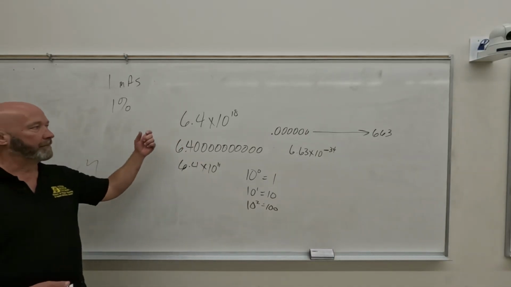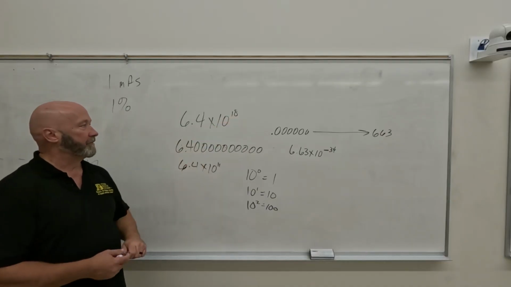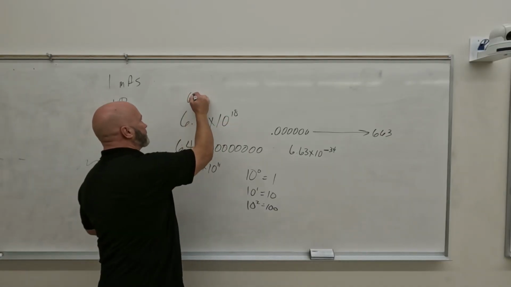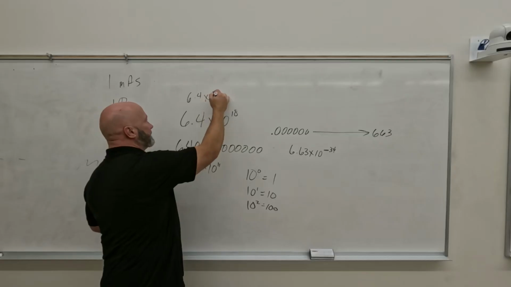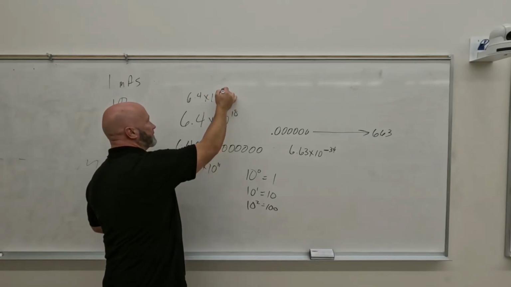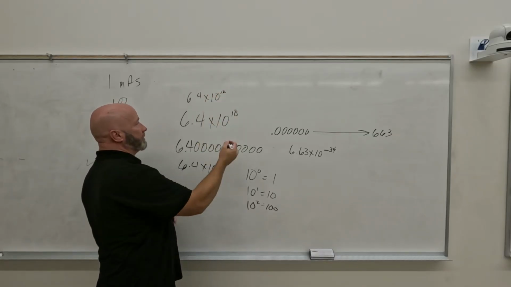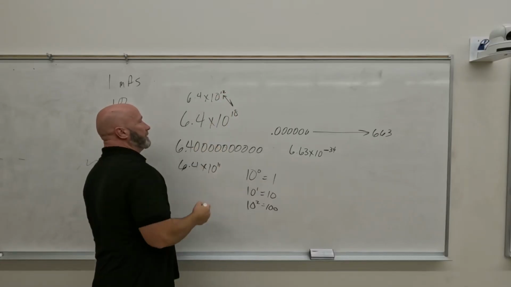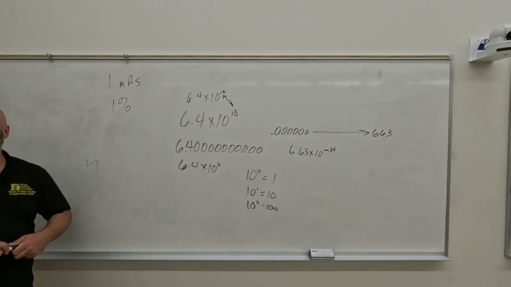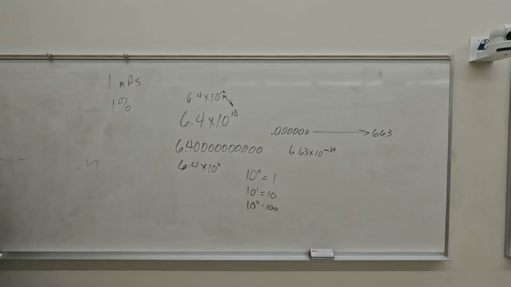If you multiply them, like if we had 6.4 times 10 to the 12th power, you just add the exponents together, so it would be the 30th power, right? Very simple. Any questions?